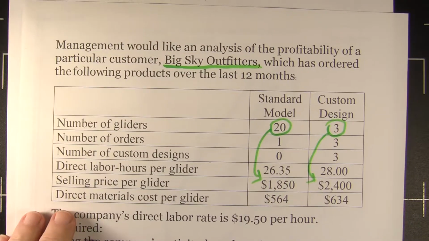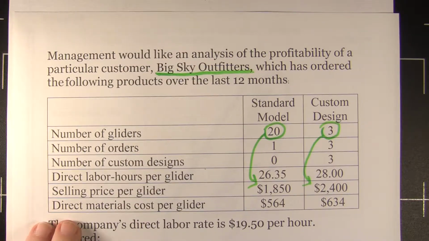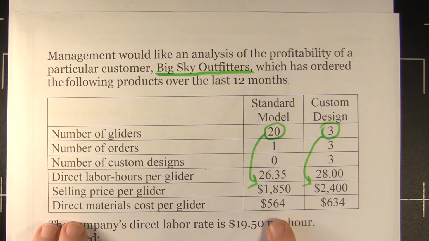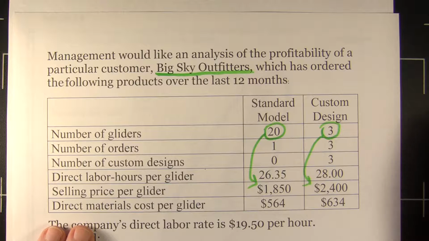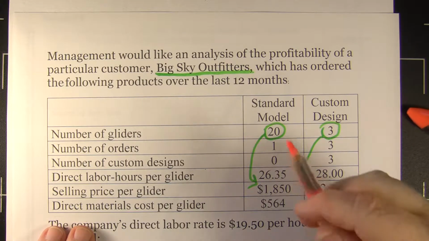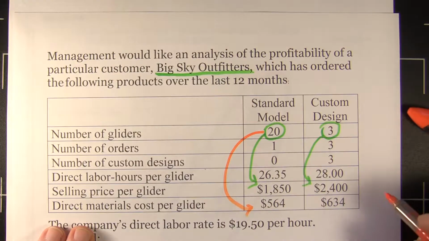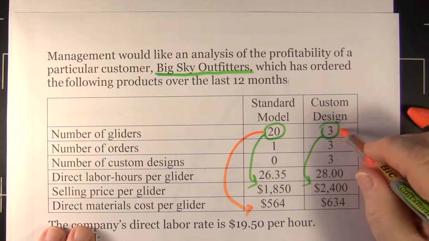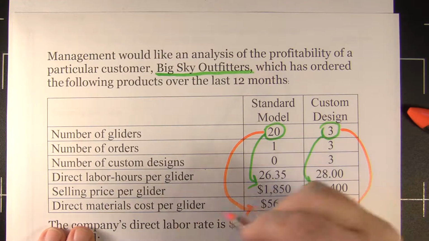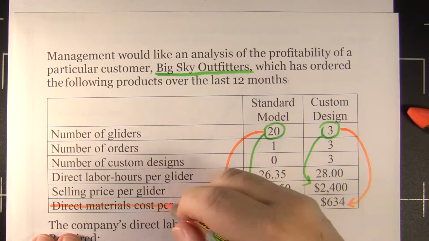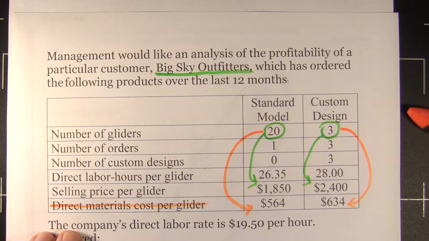They tell us that the direct materials per glider are $564 for the standard and $634 for the custom. So our variable cost for direct material is going to be 20 times 564 and 3 times 634. That's our direct material cost per glider.